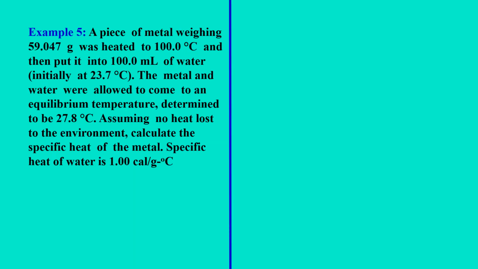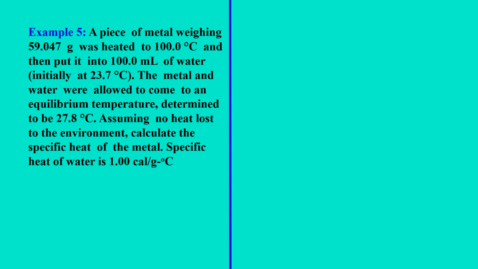Example number 5. A piece of metal weighing 59.047 grams was heated to 100.0 degrees Celsius and then put into 100.0 ml of water, initially at 23.7 degrees Celsius.